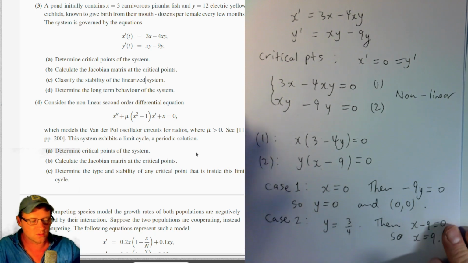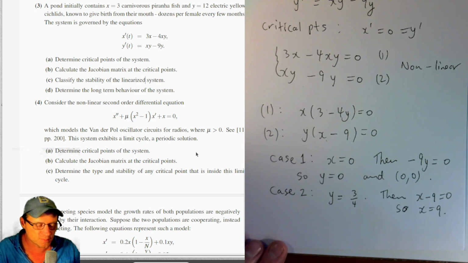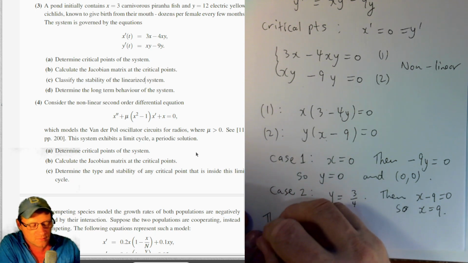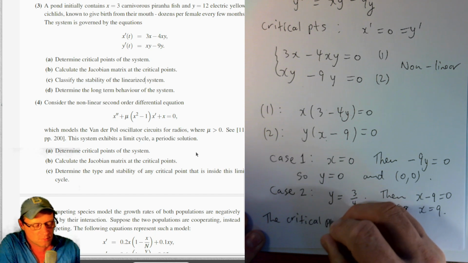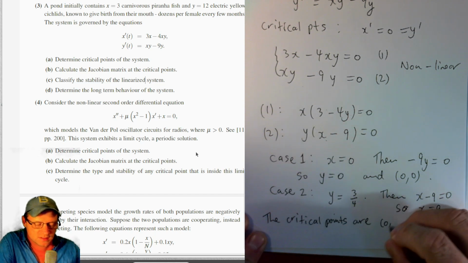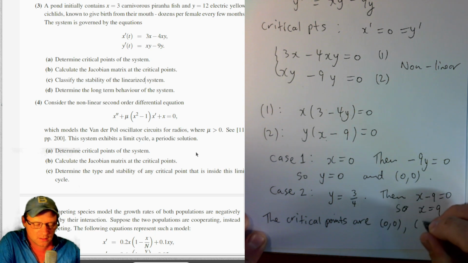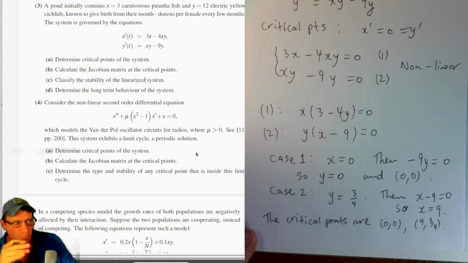Since those are the only two possibilities for the first equation to be satisfied, we have two possible critical points. So the critical points are (0, 0) and (9, 3/4). So we have found the critical points of the system.